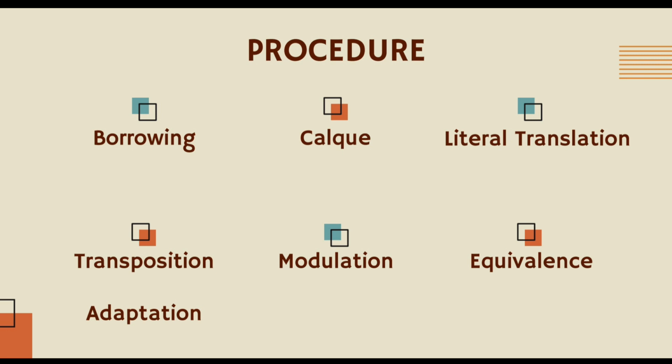Procedure 2. Calque. A calque is a special kind of borrowing whereby a language borrows an expression from another, but then translates literally each of its elements. The result is either 1.